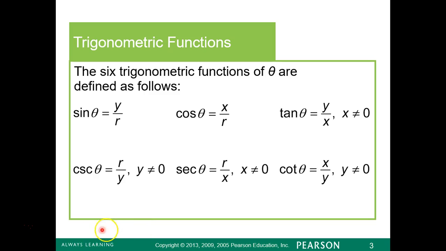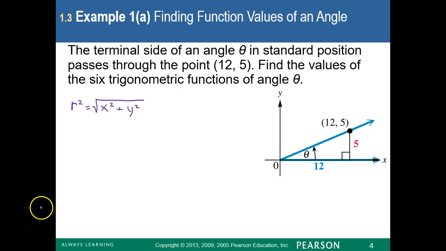Okay, so let's do an example. In our first example, we are asked to find the values of the 6 trigonometric functions of the angle theta. Here it is drawn out for you already.